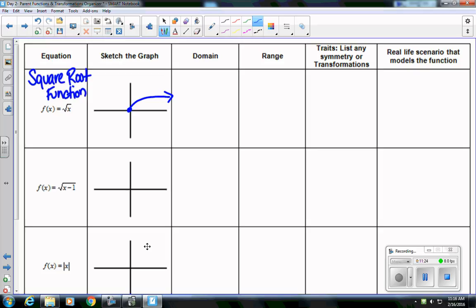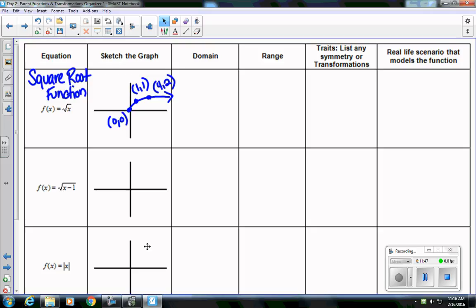Some key points to talk about here: (0, 0), (1, 1), and (4, 2). There are others, but those are some key points that you can keep in mind when we are talking about transformations.